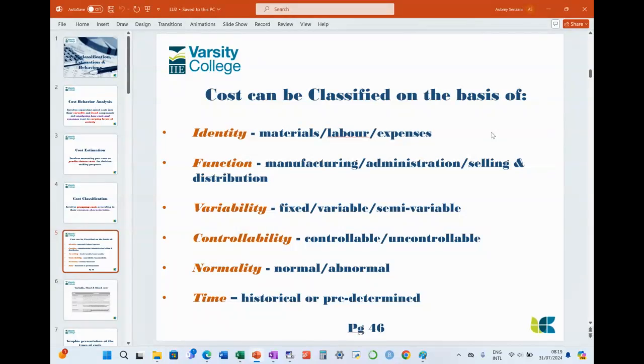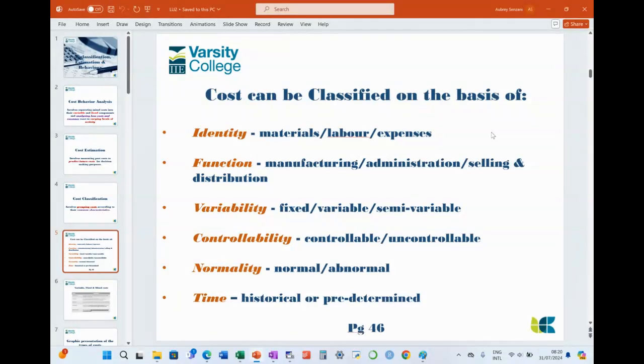Okay, then controllable and uncontrollable. All right, some costs just spring out of nowhere, unforeseen. All right, then we have normal and abnormal. Remember when we spoke last semester on abnormal and normal spillage? Normal spillage we anticipate, and abnormal spillage, it was a disaster that took place and there was nothing we could do about it.